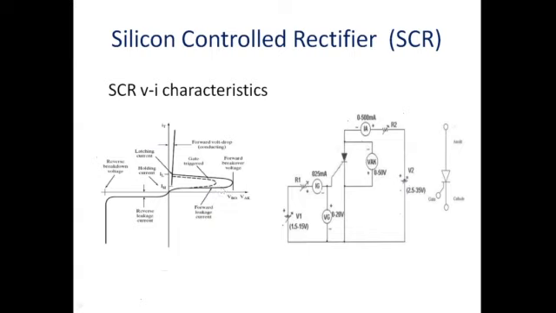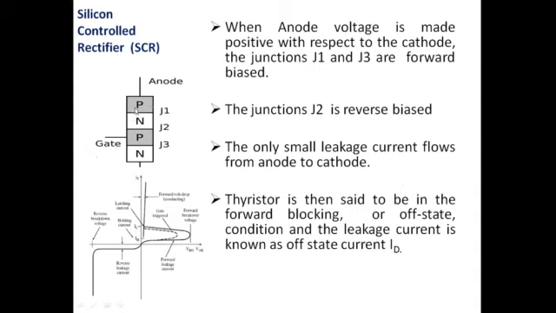So how long does this continue? When you apply more and more voltage here, what changes happen? Anyhow, there is no change in J1 and J3 because they are already in forward bias. But what happens to J2? The J2 depletion region increases because we are applying more and more reverse voltage to J2. In an ordinary diode, we studied that if you apply more and more reverse voltage, what happens?